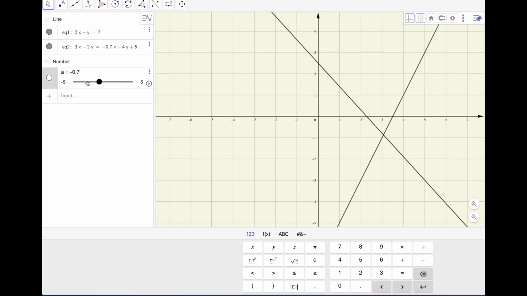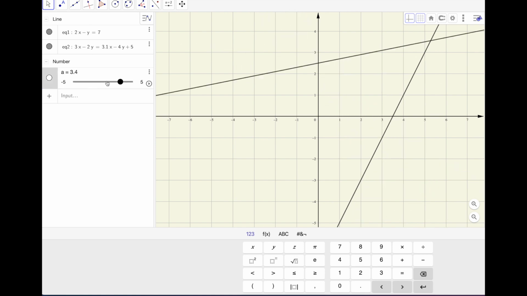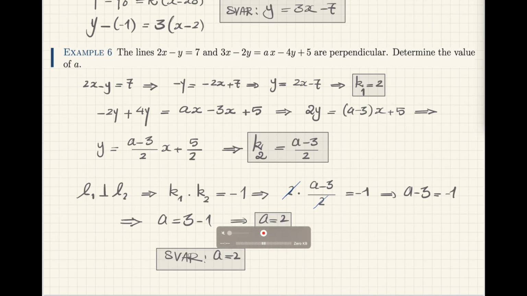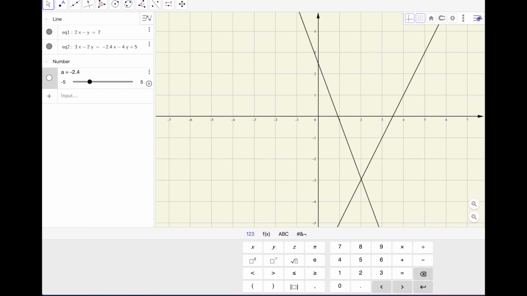So you see that I have different lines when I start moving this around, yes? But if we are right, when a becomes 2, then this line becomes perpendicular to my line, yes? Let us check that.